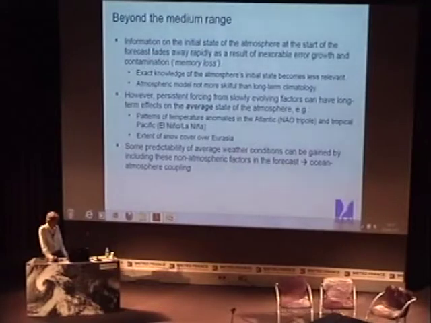It's just average conditions over a certain period. What I'm saying here is that there may be some predictability of average weather conditions that can be gained from exploiting these forcings. And this is basically why, when one goes beyond 2 weeks, one couples the atmospheric models to an ocean model.